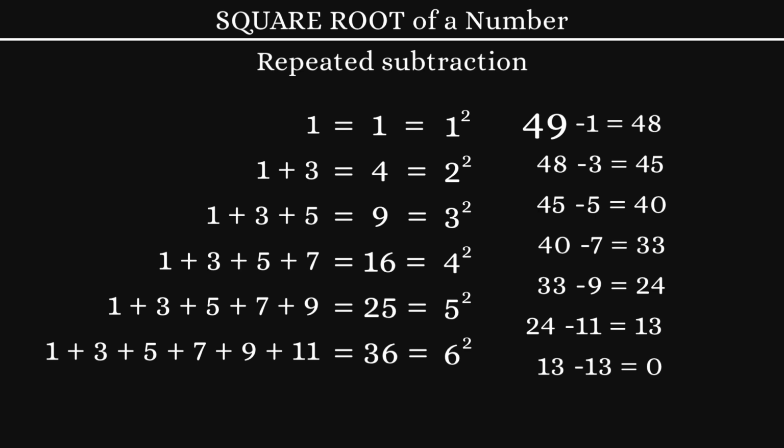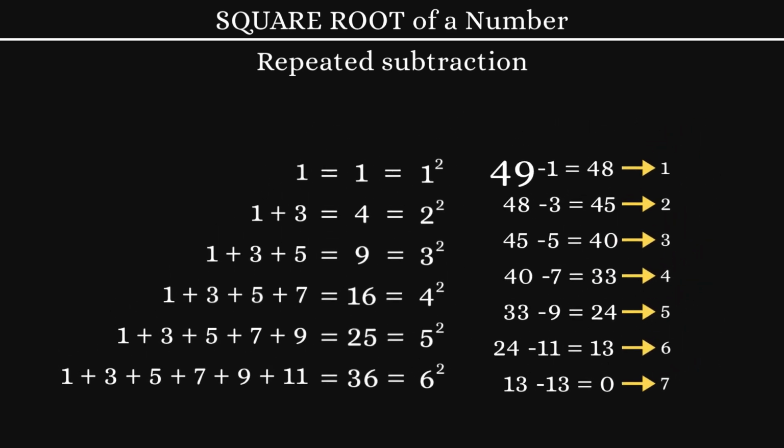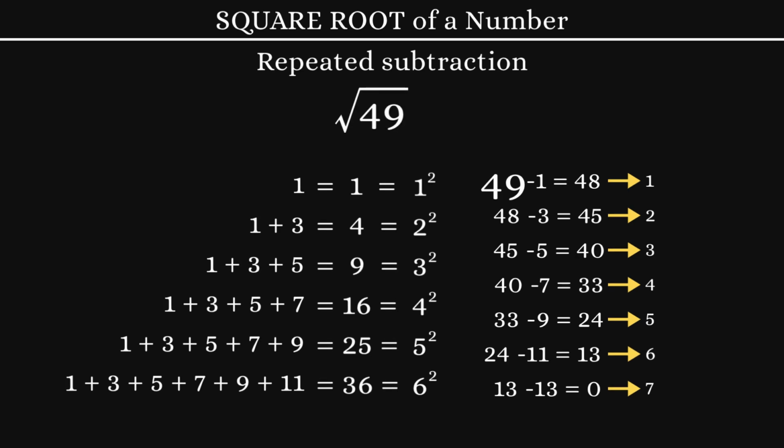We'll stop the subtraction here. Now we'll find out the number of subtractions we have done. Here we have 1, 2, 3, 4, 5, 6 and 7. That means the square root of 49 is 7.